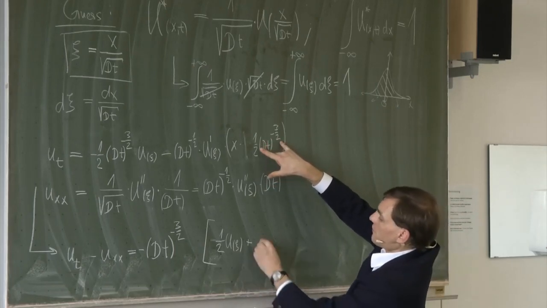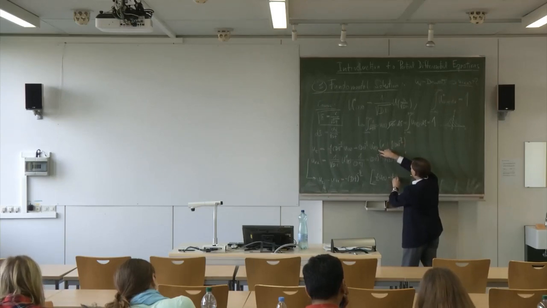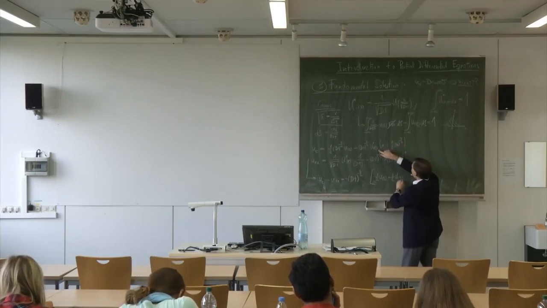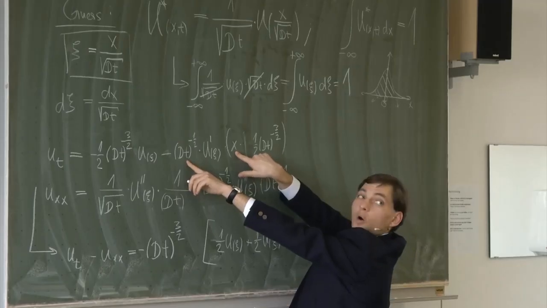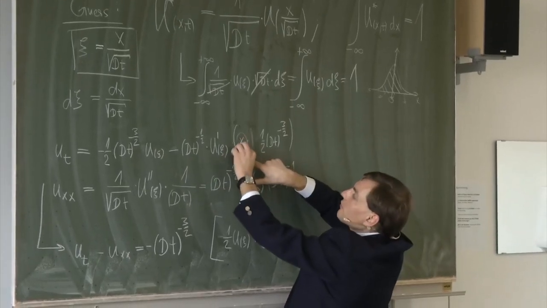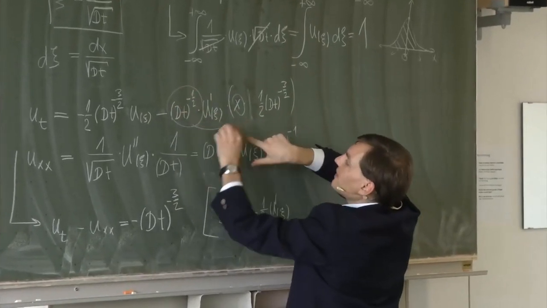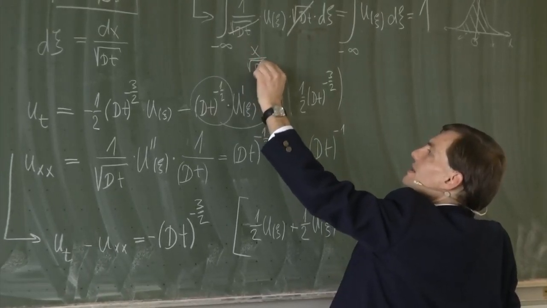So then I have 1 over 2 u prime of xi, and take a look, what is this? This is x over square root of dt. So if you combine these two, this is x over square root dt.